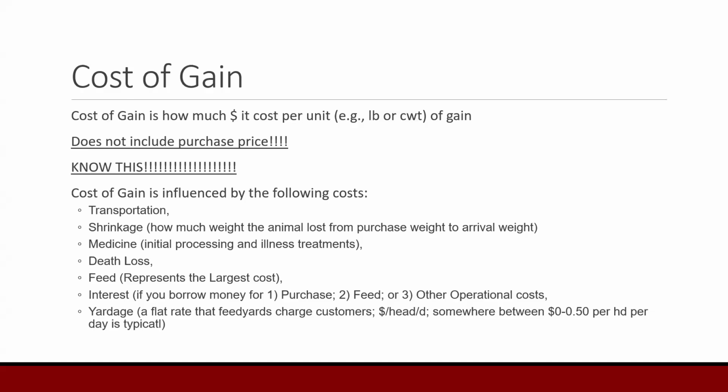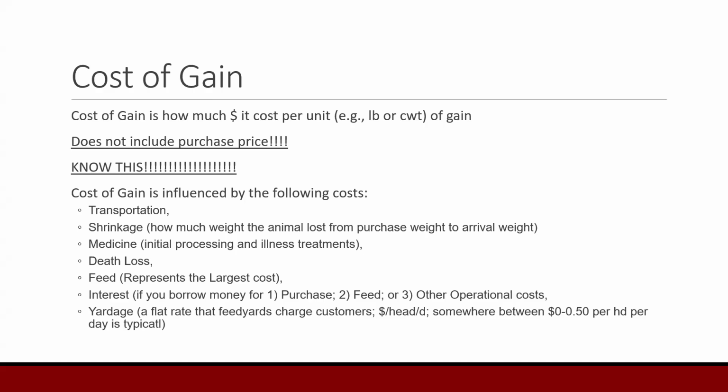Medicine, so that includes initial processing and any medicine used for treating that animal. Death loss. Feed. Feed costs are typically the largest cost. They represent the largest percent of cost of gain relative to all other costs, usually around 70% of your cost of gain.